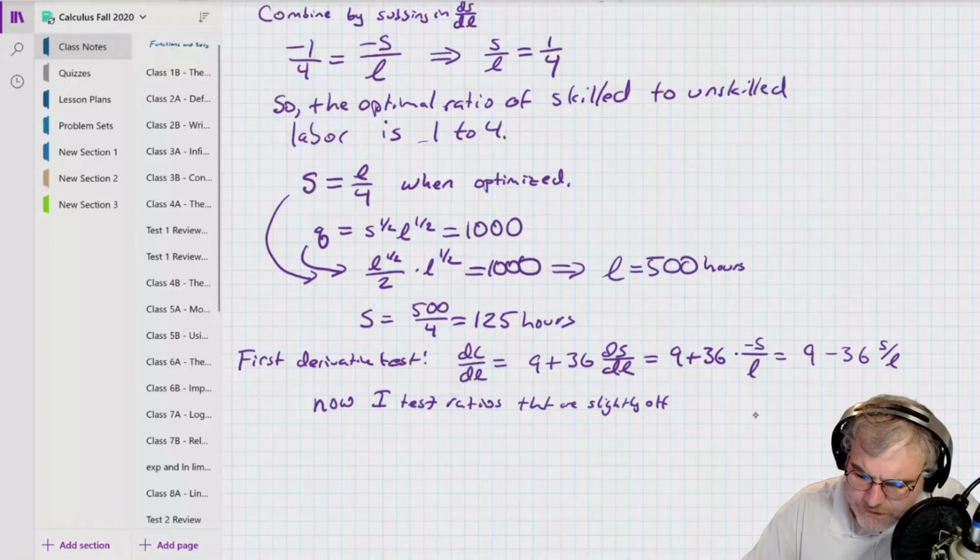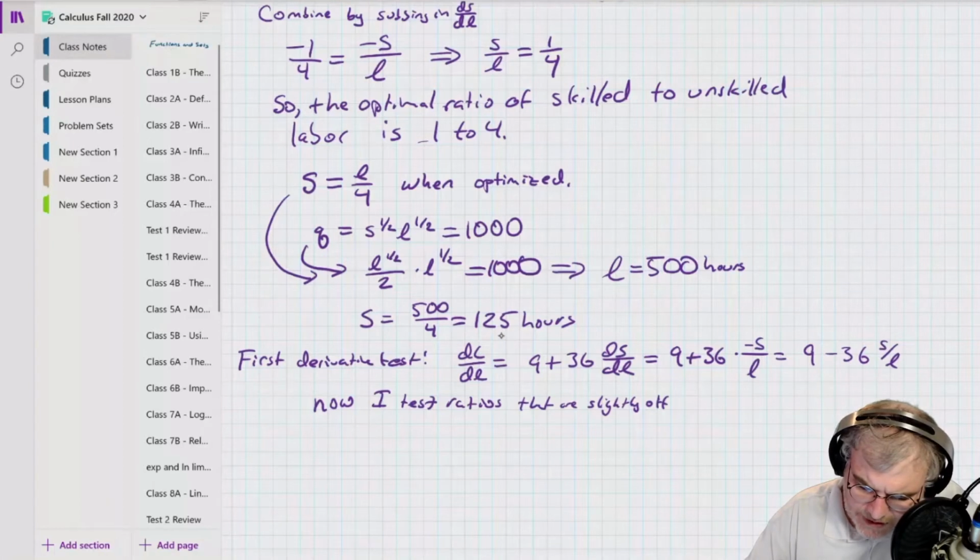So I can do it this way, and I wind up with d. So this was, where was my ratio? S over L was 1/4.